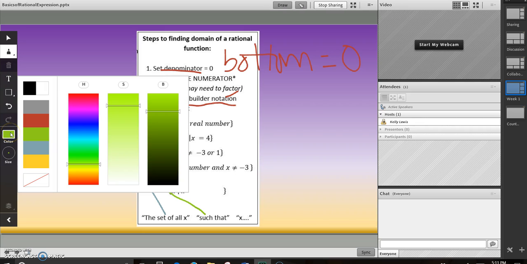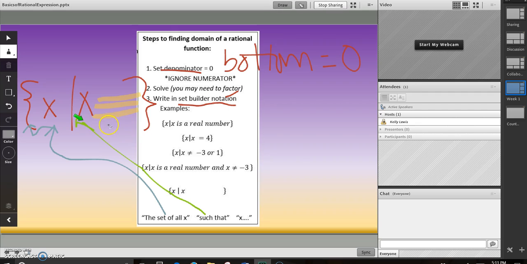And then x, this x, equals 4, doesn't equal 3 or 1, is a real number, something. And that's how we read it: the set of x such that x blah, blah, blah. All right, that's set builder notation. I'll review it in a minute.